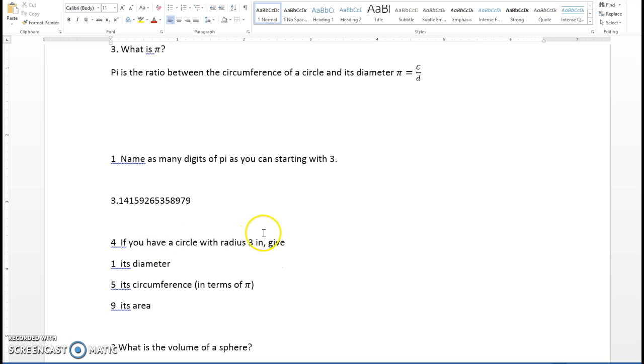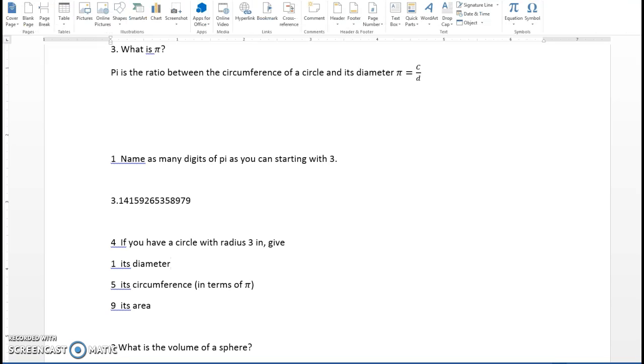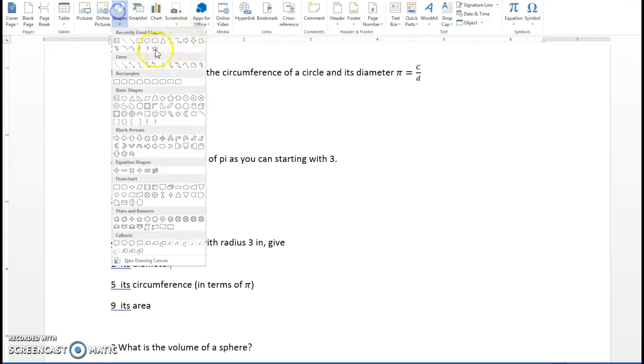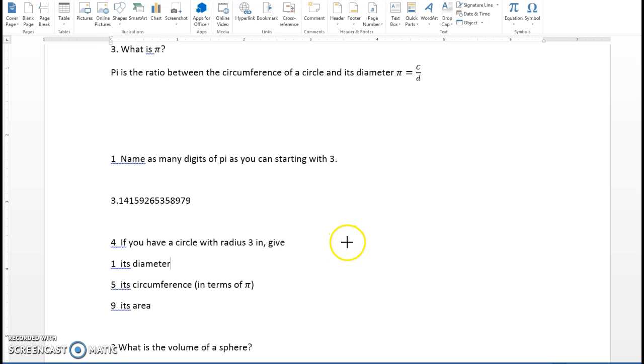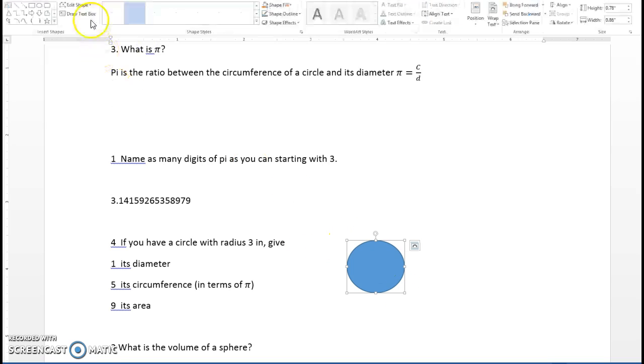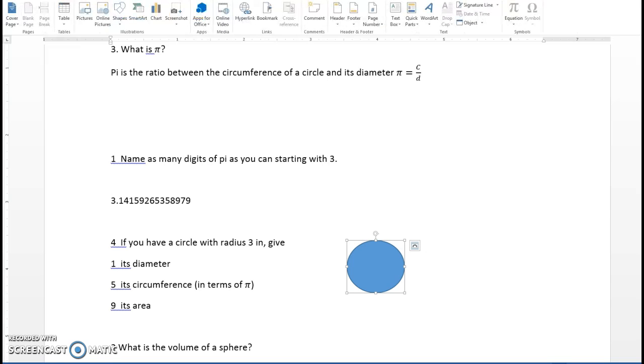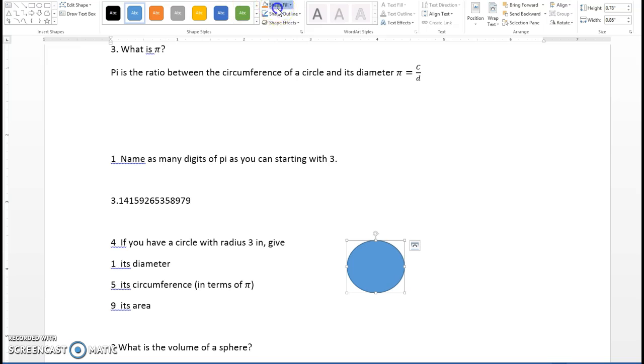Okay, now circumference, circle, radius, diameter, all those words kind of might float around in your head. So we're gonna talk about them here and see what we can do. So here's a little circle, and if I make it blank, then it becomes a circle.